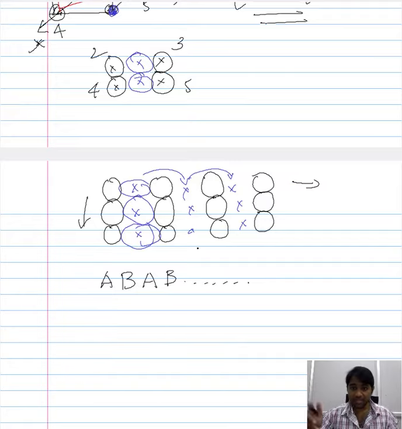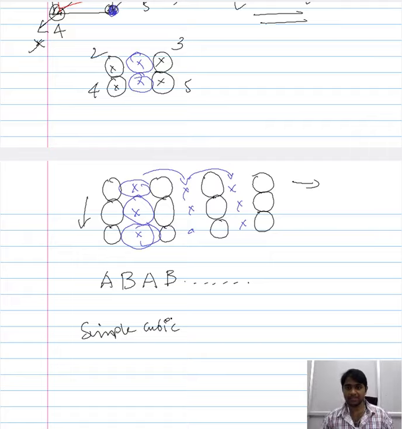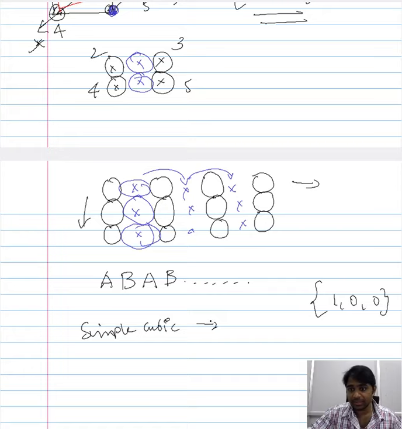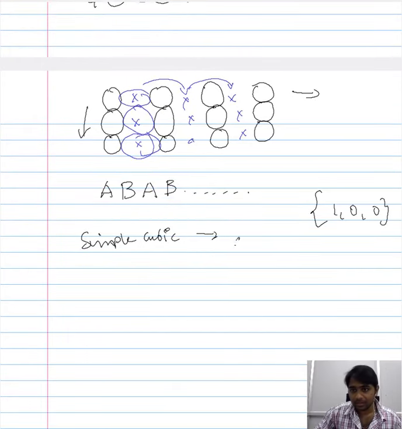We have considered just one crystal structure, that is simple cubic, but we have considered the arrangement of atoms in two different planes. For the 1, 0, 0 family of planes, the atomic arrangements were identical for all the planes, so it was this stacking sequence.